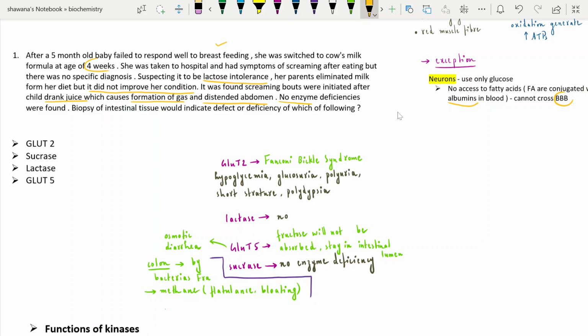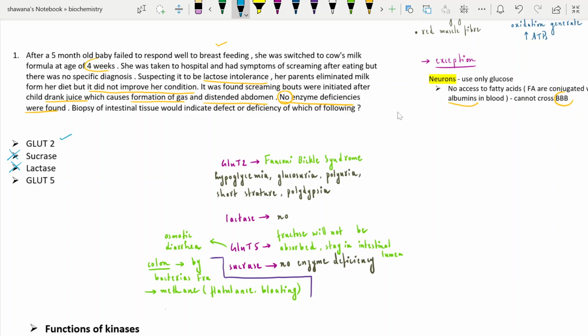No enzyme deficiencies were found, and biopsy of intestinal tissue would indicate which deficiency of the following. It means that lactose intolerance was suspected but is eliminated from the choices because no enzyme deficiencies are written in the question. So lactase is eliminated, and sucrase, which is also an enzyme, is also eliminated.